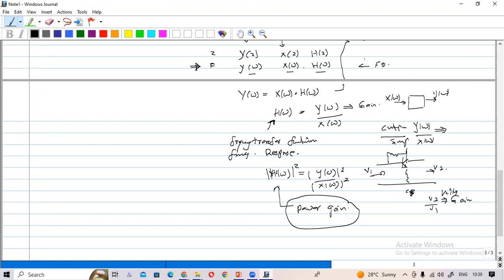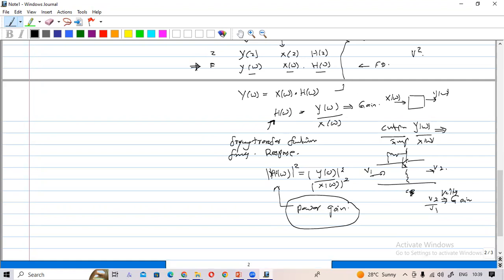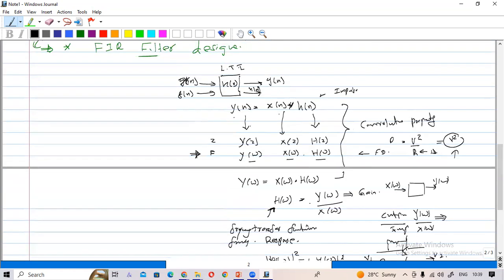Normalized power: you know that power is equal to V squared divided by R. If this R is 1 ohm, that is what we call normalized power, the power is equal to V squared. So here also, you can find the normalized power of the system by taking the absolute value of H(omega) and squaring it. That is what we call power gain of the system.